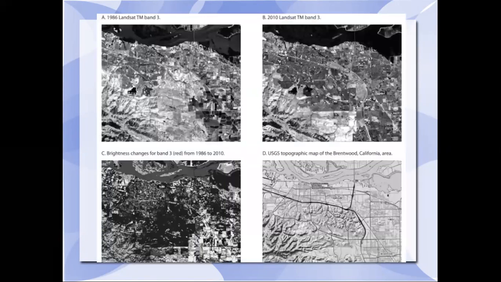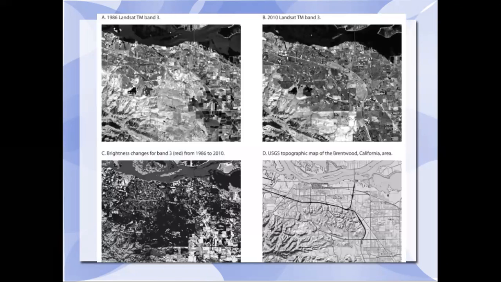So these images are textbook examples of change detection images. The first one, image A, is a photo taken in 1986 by Landsat using band 3. Image B is the same area taken in 2010. Image C is using the grayscale that I mentioned earlier to show the same simple pixel subtraction method.